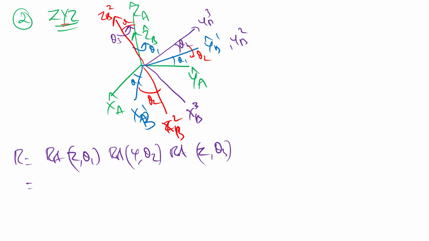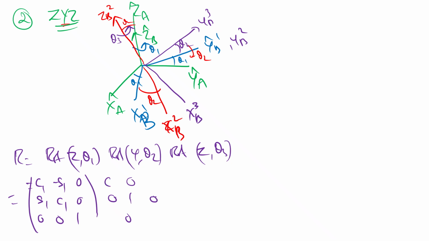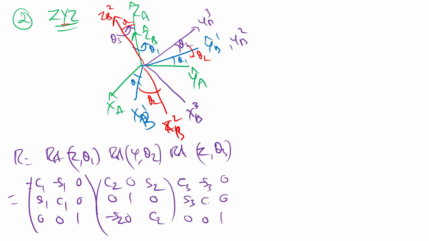This one is Z, so 0, 0, 1, 0, 0, and C1, minus S1, S1, C1. Then this one is Y: 0, 1, 0, 0, 0, C2, S2, minus S2, C2. Then this one is Z: 0, 0, 1, 0, 0, C3, minus S3, S3, C3.